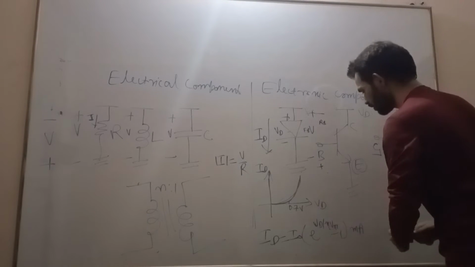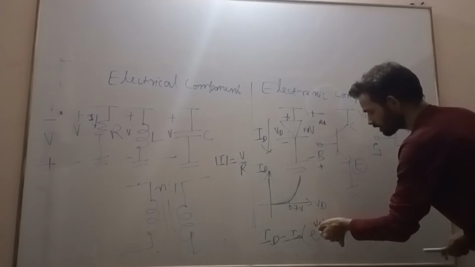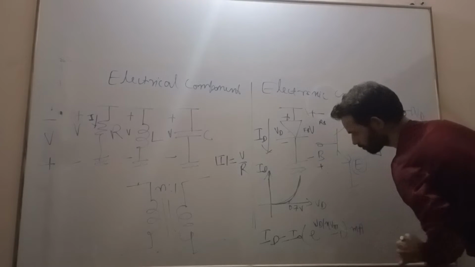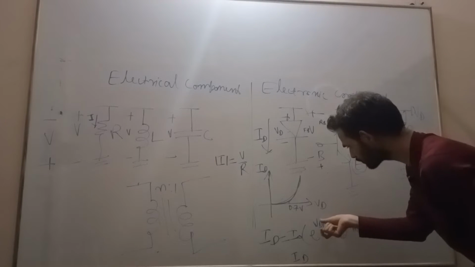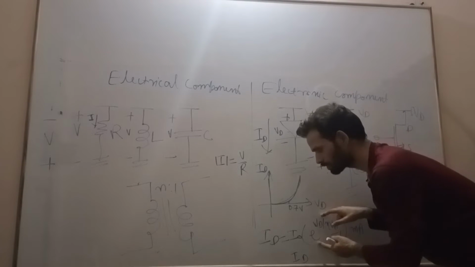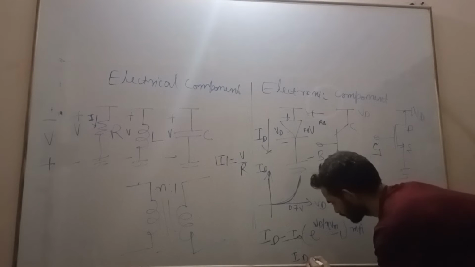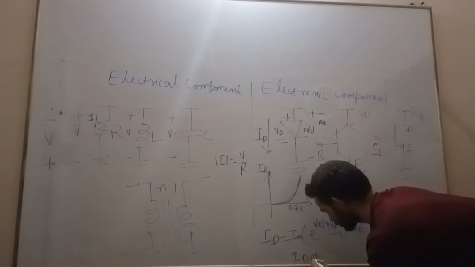In reverse bias, VD becomes negative, and this exponential factor becomes very small. Therefore the diode current is almost equal to minus I naught.